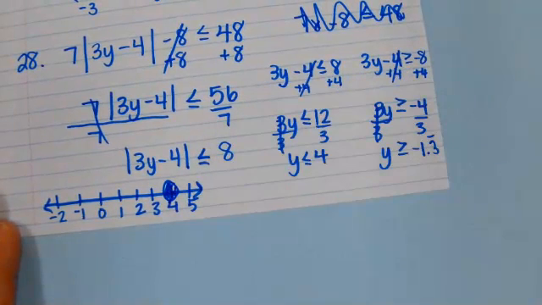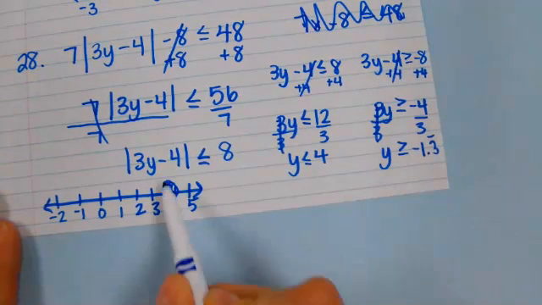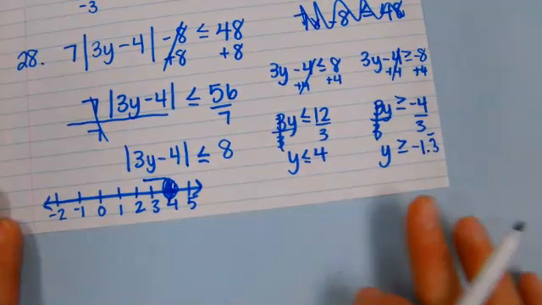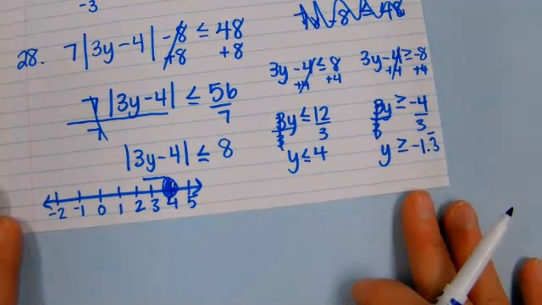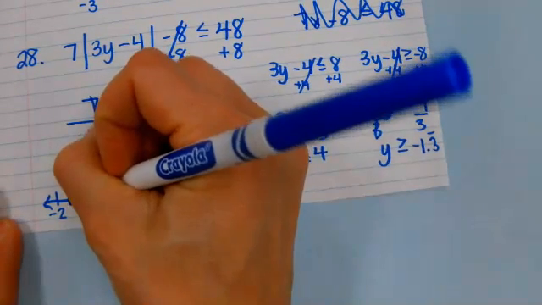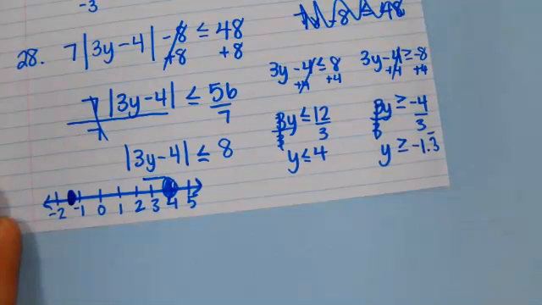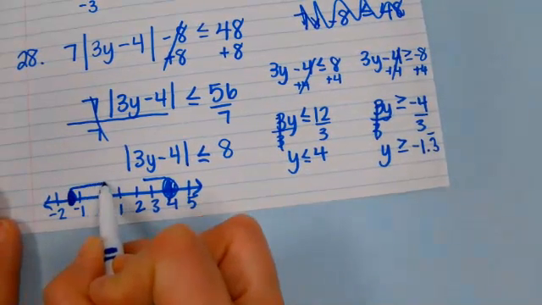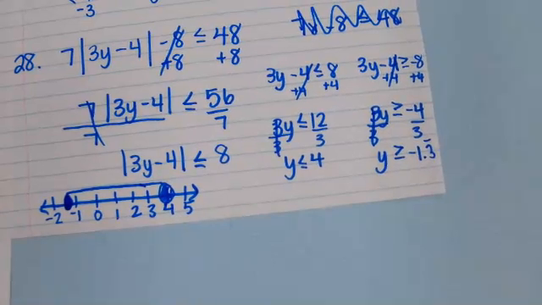What direction does the arrow point? Left. Okay, so I'm not going to make the arrow completely yet until I do the other one. Open or closed around negative 1.3 repeating? Closed, so I'm estimating that. Here it is. What direction does the arrow point? Right, so they are going to connect, aren't they?